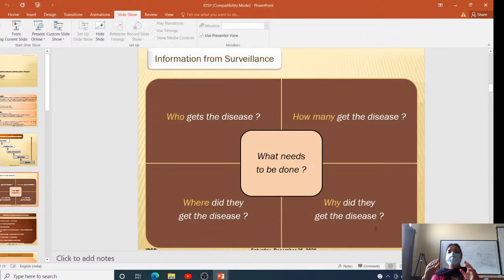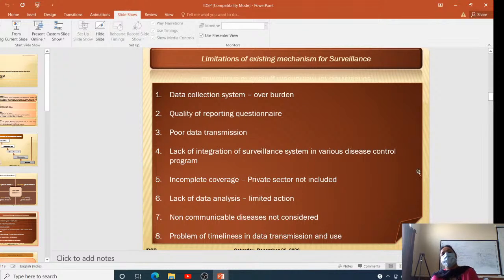Then when we have this entire data and information in our hands, we can decide what needs to be done, so that we are able to target some part of the intervention or control measures towards answering each of these questions. So this is the information generated from surveillance, and it helps us to decide what needs to be done.